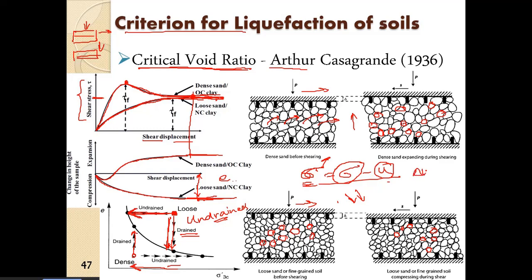So delta U in this case will be negative. Since the pore water pressure decreases, the effective stress will increase, the total stress remaining constant. Since U is negative, this will become positive.